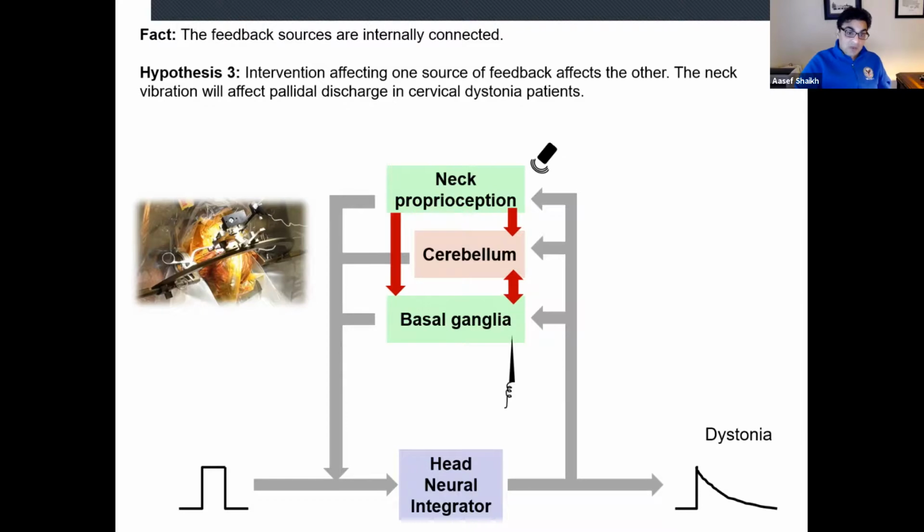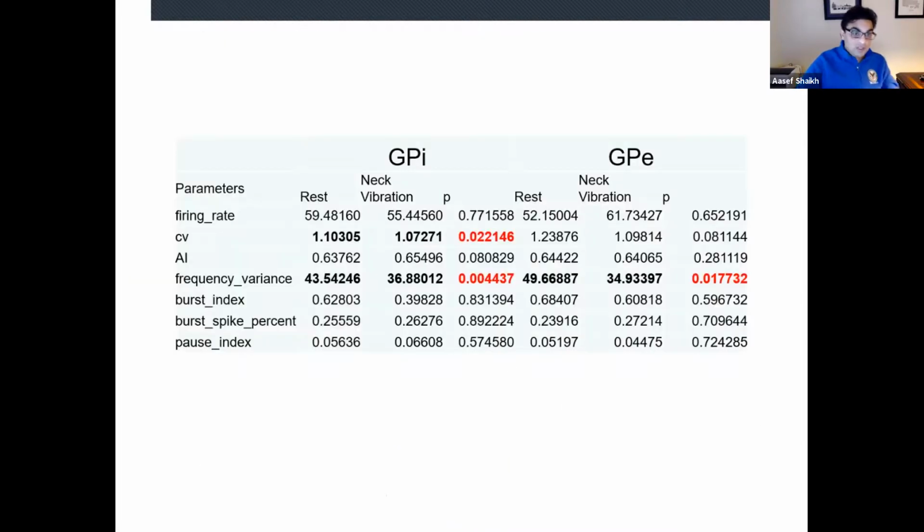But as we were recording, we vibrated their neck. So what you see here in this table, these are, I think, 152 or more neurons from GPi and GPe. And these are different firing parameters in response to neck vibration and without neck vibration.